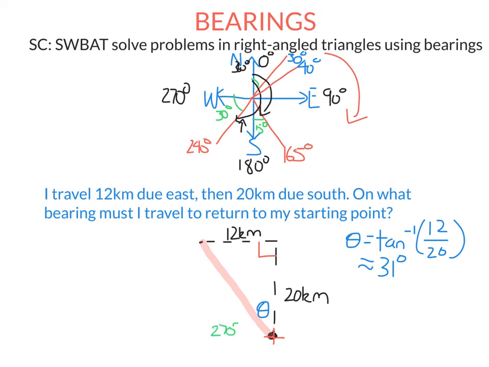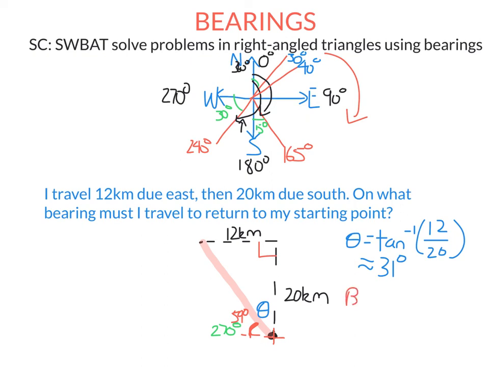So it would be a 270 degree bearing if, starting here, I wanted to go out west. If it's 270 out here, all I need to do is add this angle here to 270. If this angle here is 31, this angle here will be 90 minus 31, which is 59 degrees.